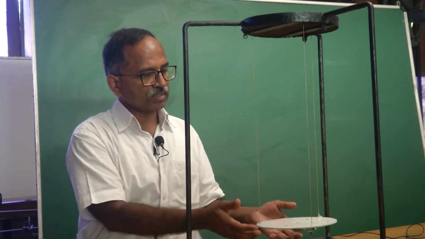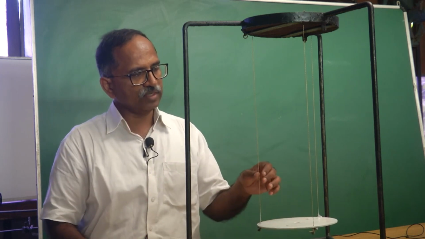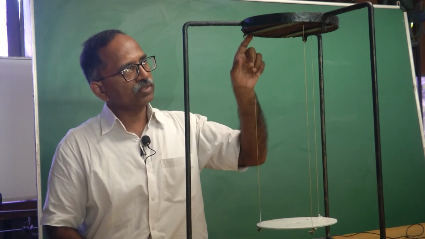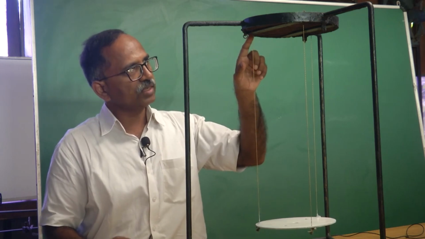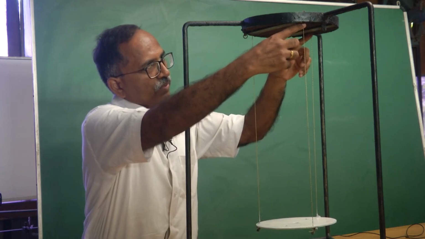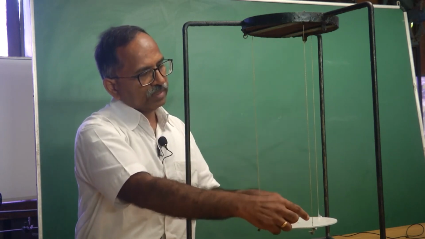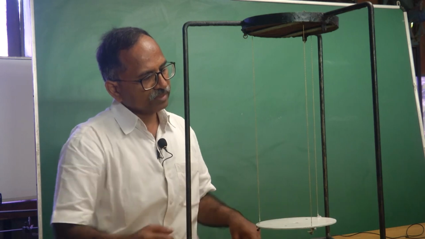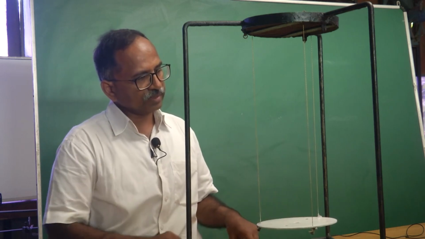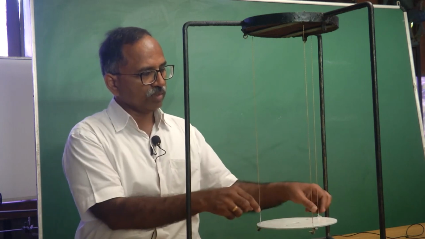What we have is a circular plate which is hung by 3 inextensible strings from the top frame here. You can see that these 3 strings are tied at the top frame and taken vertically down, and at their other ends they are tied to the plate at 3 equiangular positions.